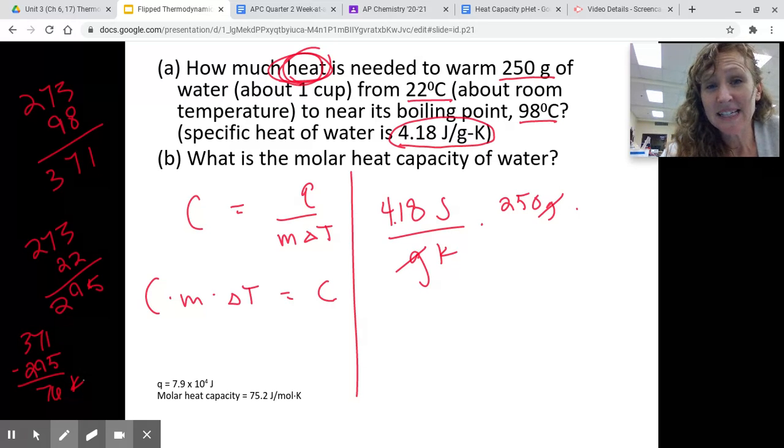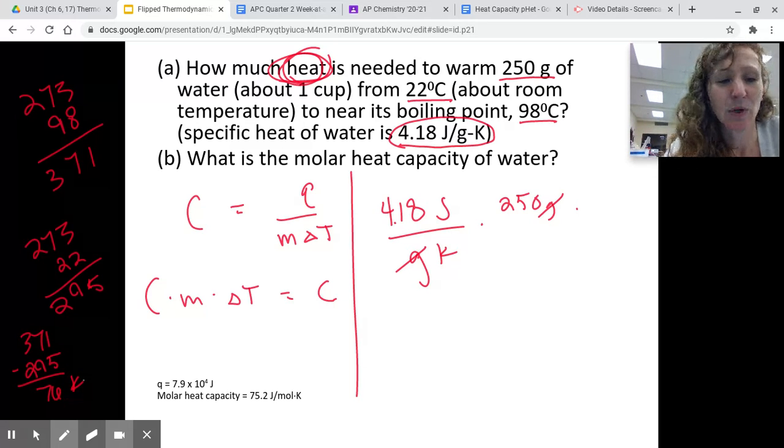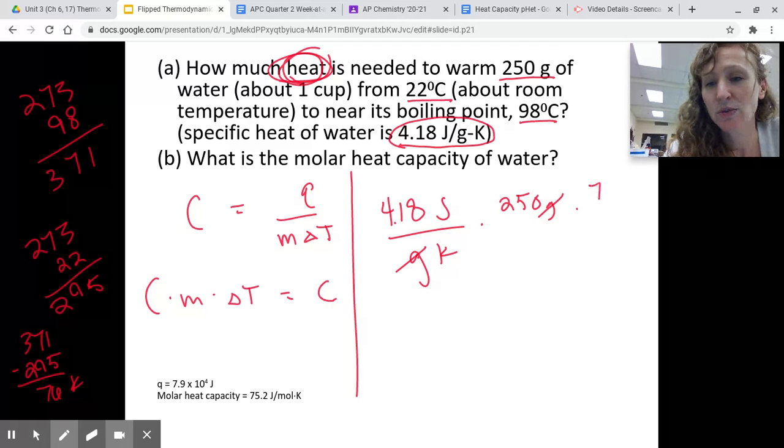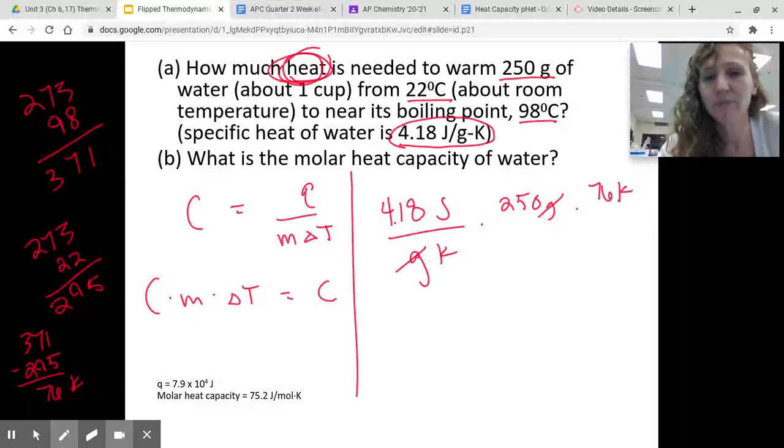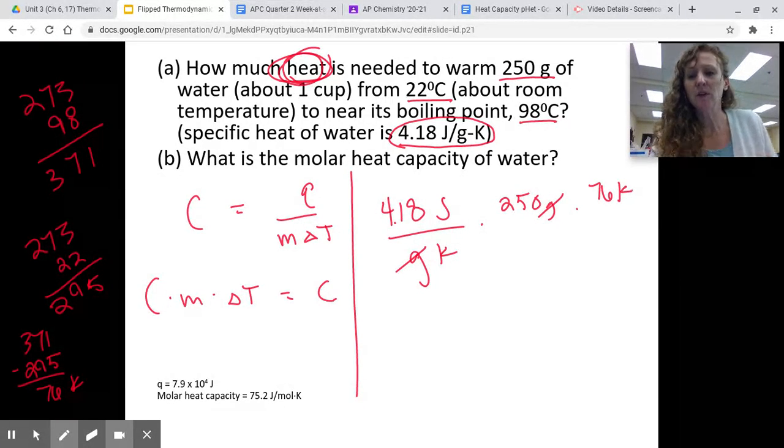But my policy is I don't really want to have to process through that on the test, so I just convert into Kelvin always. That's my approach. You certainly don't have to use that approach if you think that thinking through it and not converting saves you time. That is totally fine too. Okay, so anyway, I multiply by the difference in temperature, getting rid of Kelvin, leaving me with joules.